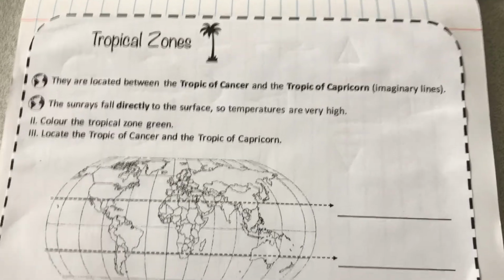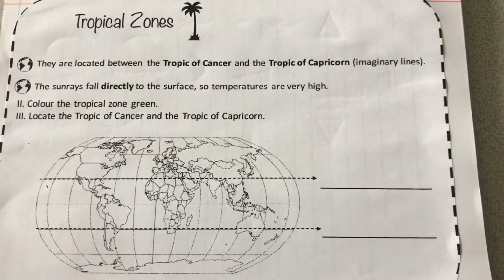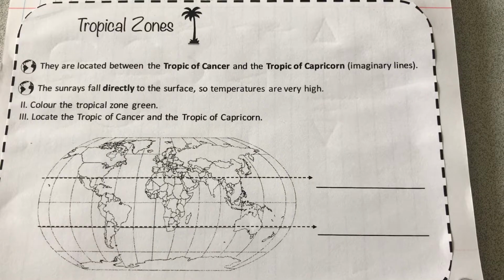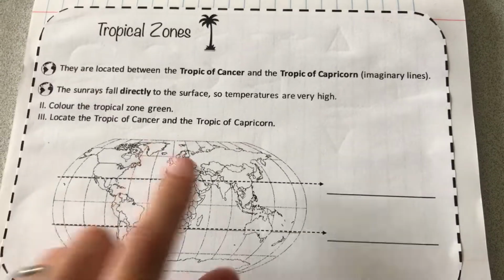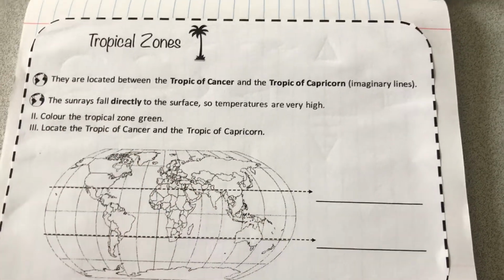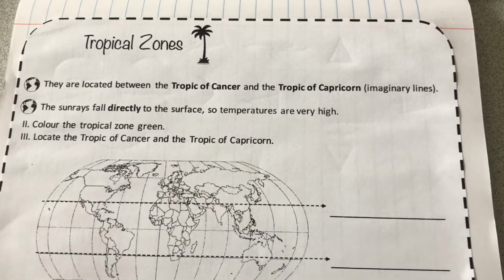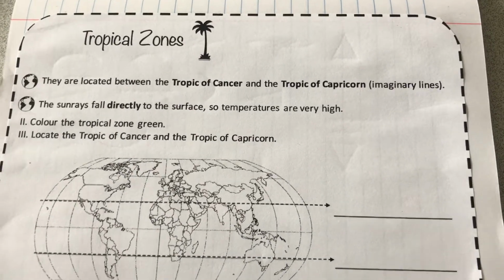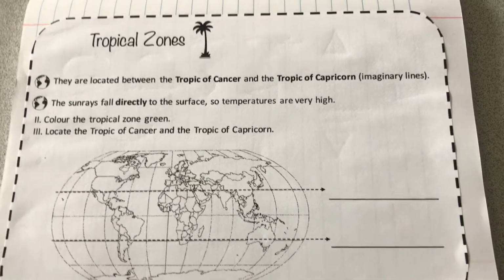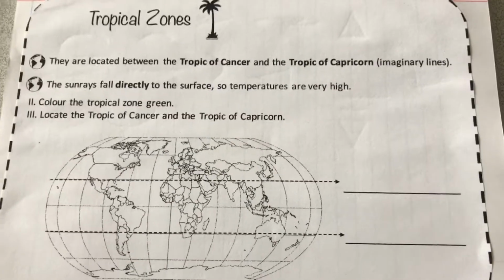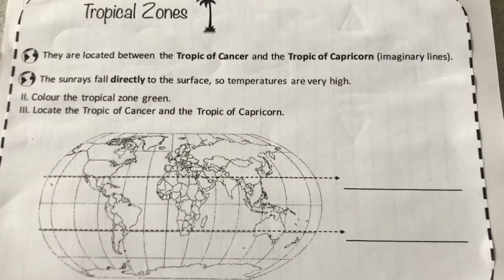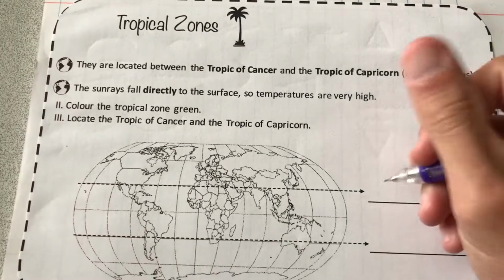All right, we're going to go ahead and take a look down here at our tropical zones. It says they are located between the Tropic of Cancer and the Tropic of Capricorn. Again, these are imaginary lines on these globes. The sun rays fall directly to the surface, so the temperatures are very high. We're going to color the tropical zone green, and then we're going to locate the Tropic of Cancer and the Tropic of Capricorn. So basically, with your pencil, we're going to go ahead and write right here.